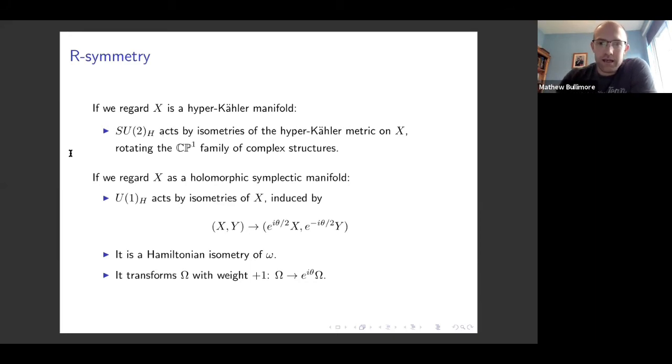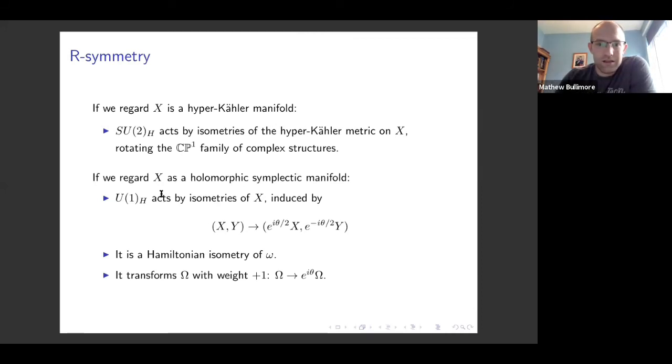Let me try to say that in a more pedestrian way in terms of this holomorphic symplectic picture. In this case, let me just focus on the Cartan U1 Higgs. And this acts by isometries of X.